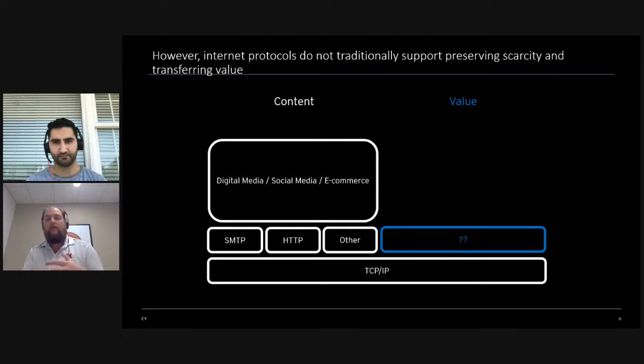What the internet of content can't do is transfer value, because it can't preserve transactional scarcity, because it really only knows how to copy and paste. That's the reason that financially related transactions that are meant to transfer value require a trusted third-party intermediary to facilitate that.